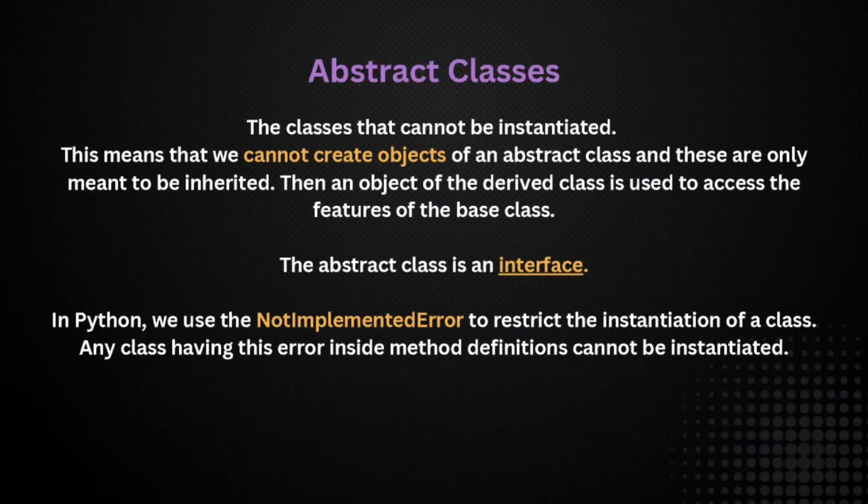An object of a derived class is used to access the features of a base class. An abstract class is also termed an interface because its primary work is to separate the implementation and interface. In Python, we use the NotImplementedError to restrict the instantiation of a class. Any class having this error inside method definitions cannot be instantiated.